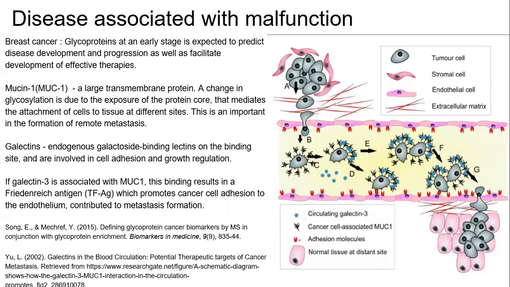The alteration in the adhesion properties of the cancer cells and the extracellular matrix will result in the invasion of epithelial cancer cells through the extracellular matrix. So letter A is showing the intravasation. Letter B is showing the primary tumor sites.